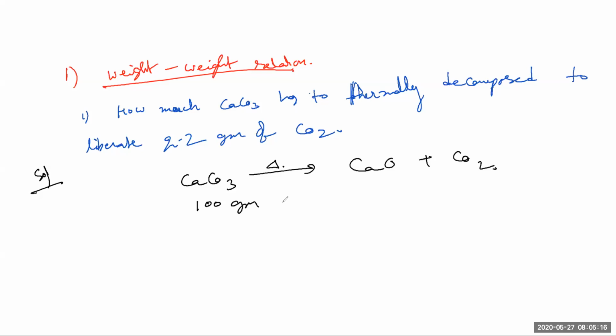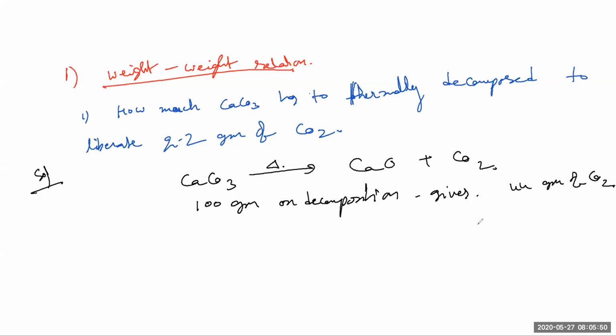On decomposition, you know the molecular mass of carbon dioxide: carbon 12, oxygen 32, that is 44. So 100 grams of CaCO3 on decomposition gives 44 grams of CO2, right?